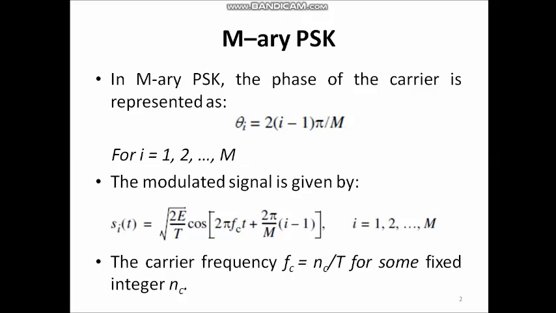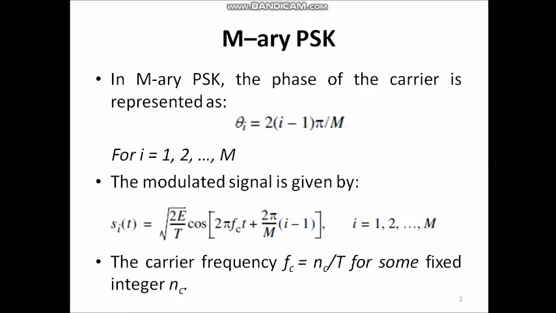Therefore, the total number of possible symbols is greater than or equal to 4. The relation between the total number of symbols and the total number of bits is M equal to 2 raised to n. Therefore, we can write the modulated signal as s_i(t) equal to root of 2E by T cos(2 pi f_c t plus 2 pi by M into (i minus 1)).